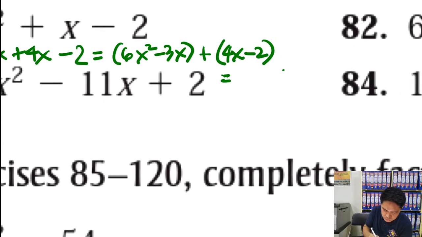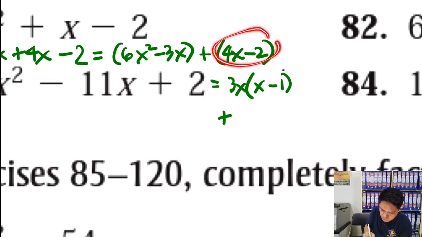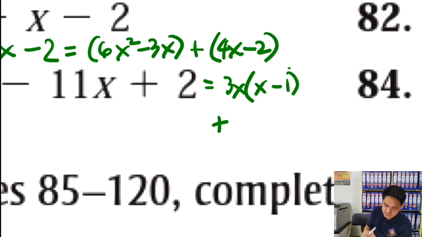So, wait, let me erase that. That would be, eto again, we could factor out 3x. So, yung may iwan is 2x minus 1. Plus, how about here, we could factor out 2. Ay, sorry.